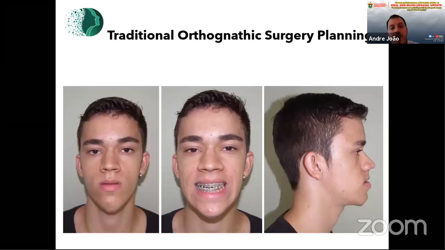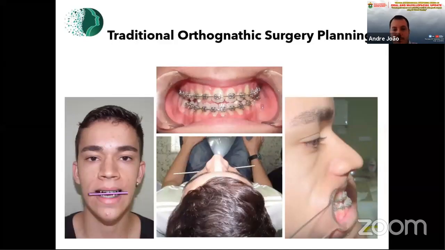In traditional planning, some things didn't change. The facial analysis is still the same. You look at the patient, we put the patient in natural head position. We analyze, measure, take pictures. We analyze everything we can from this patient to help our diagnosis.